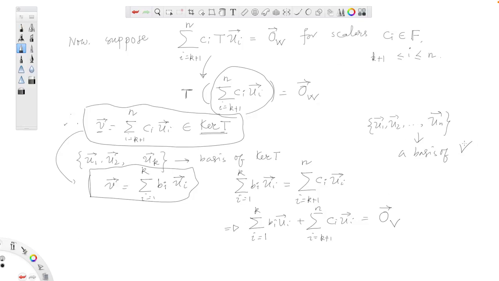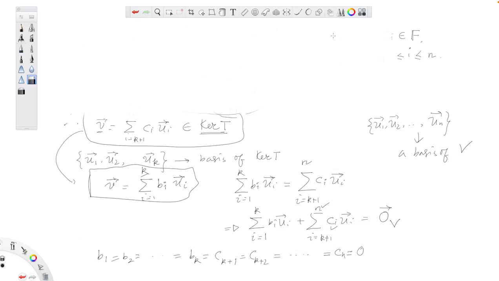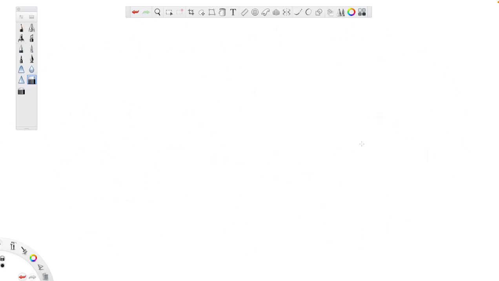So it must be a linearly independent set, and hence these coefficients B1, B2 all the way up to Bk are equal to Ck plus 1 is equal to Ck plus 2 all the way up to Cn is equal to 0, right? So all these coefficients are identically 0. So we have seen that.